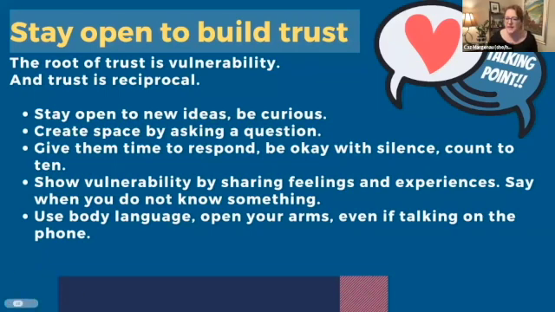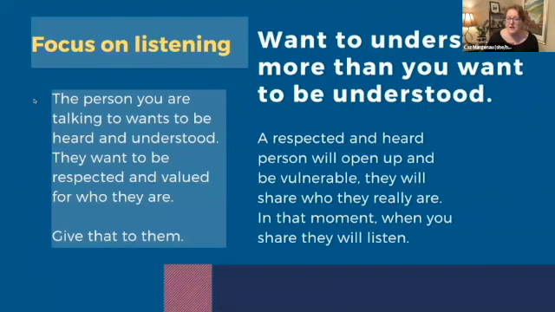And then when you go into these conversations, yes, you've got your homework in your back pocket of what to say, but actually when you go in, what you want to be focusing on is listening. So you want to be more of moderating a conversation than just giving a speech.